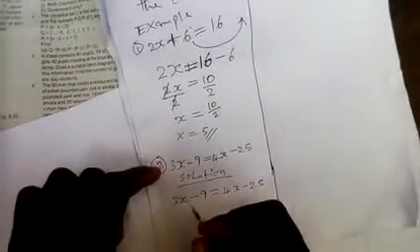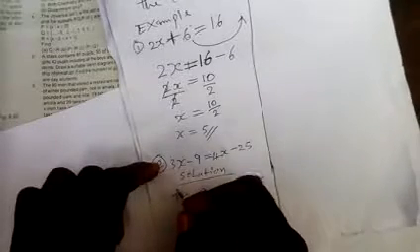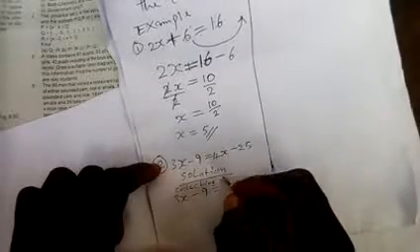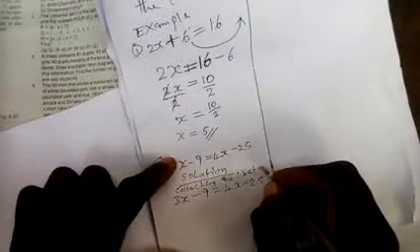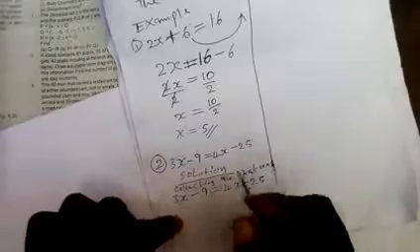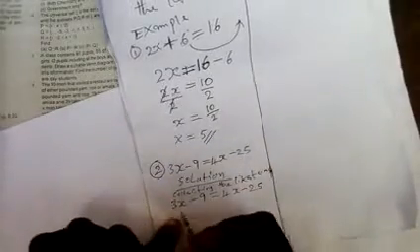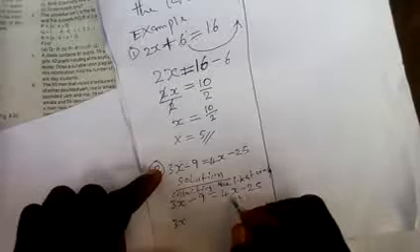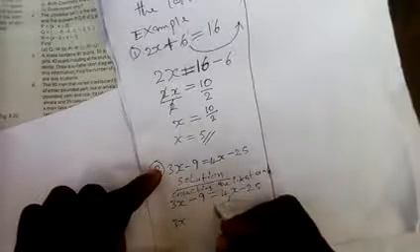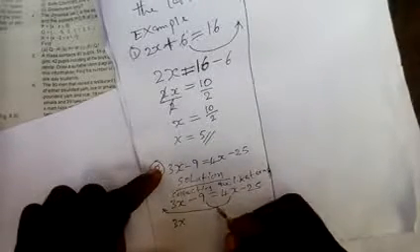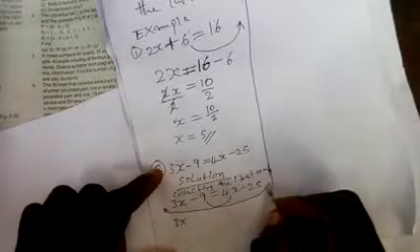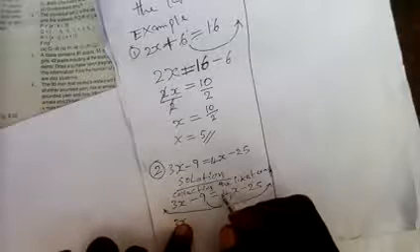Now to collect the like terms, let's put it down. Collecting the like terms. So we have our 3x. We are going to transfer this 4x to this side of the equation, and we are going to transfer this minus 9 to the other side of the equation. This 4x is assumed to be plus 4x.